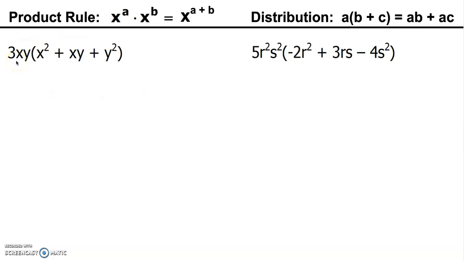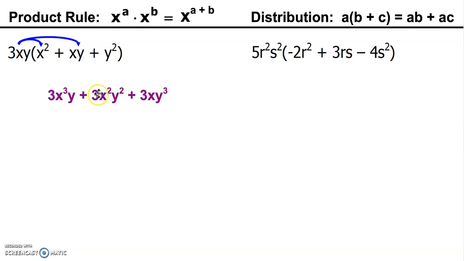Now we really have to think about using the product rule as well as distribution on this next set. Because notice we have a 3xy in the term that we're distributing. So I have 3xy times x squared. That will become 3x cubed y. Then 3xy times xy becomes 3x squared y squared.